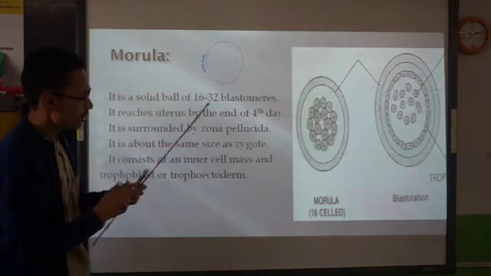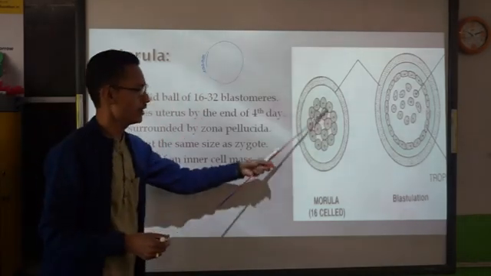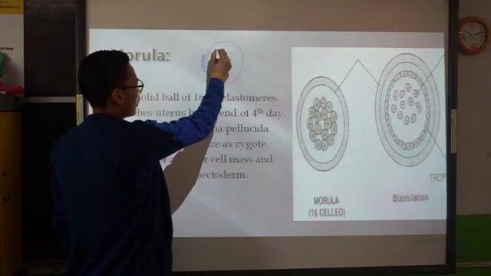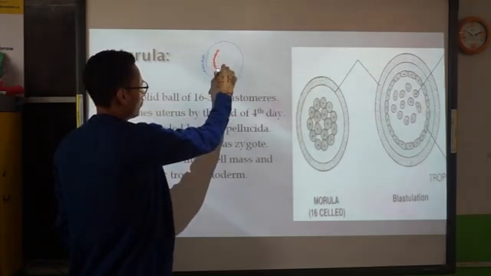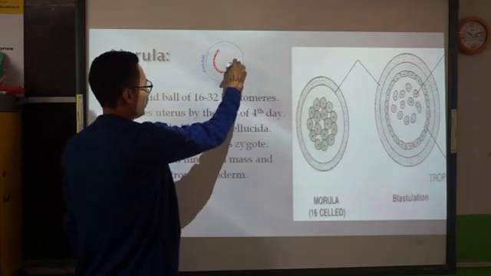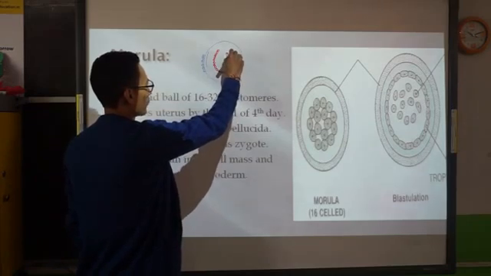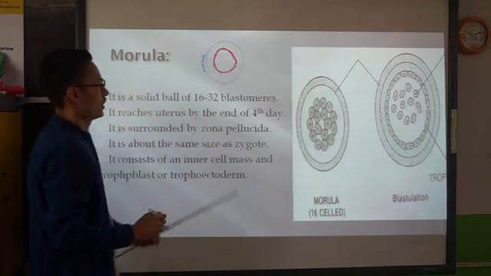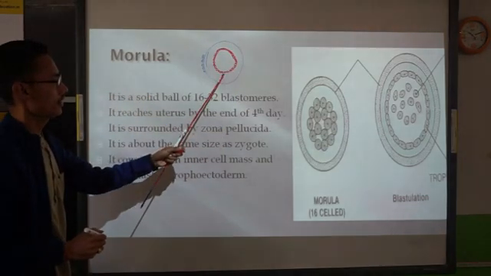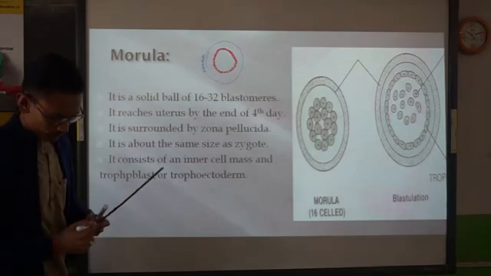Clear? Now those smaller cells which are present over here will form the outer layer like this. So this particular layer is called the trophoblast or the trophoectoderm.